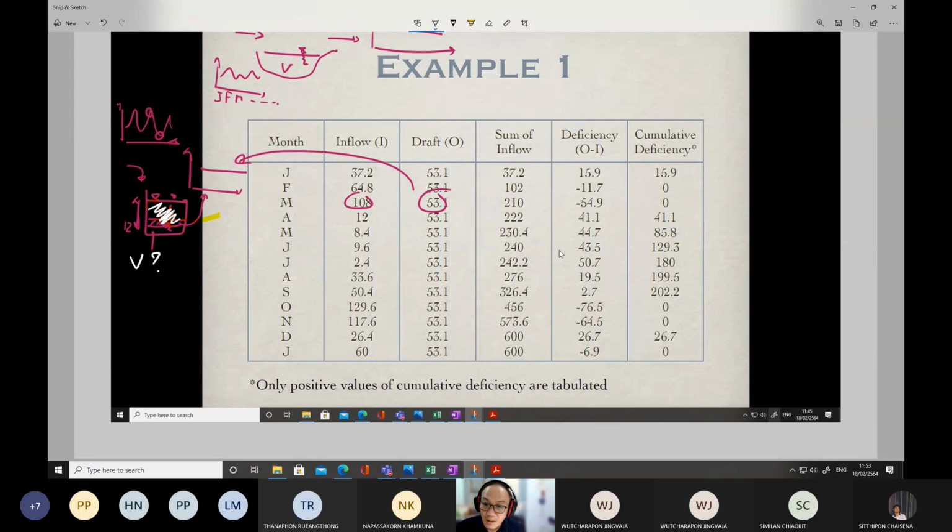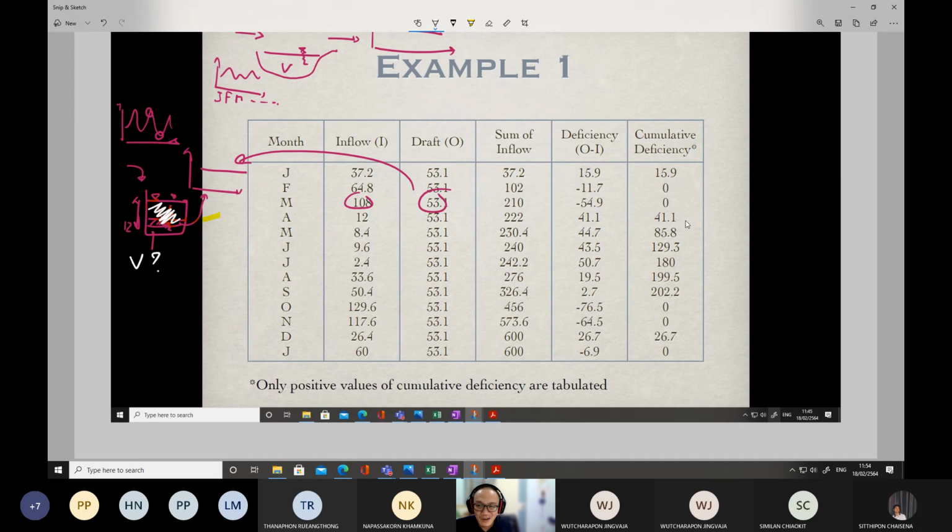So here we will consider only the months with water shortage. For the first month, 15.9, but after that, in the second month we already have some extra amounts of water, so we don't consider this month. Again in March, we still have extra water, so we don't consider it. But from April to September, we are going to experience water shortage.